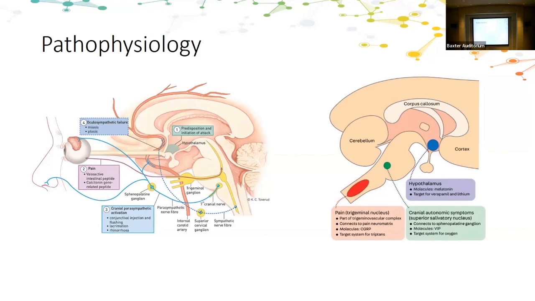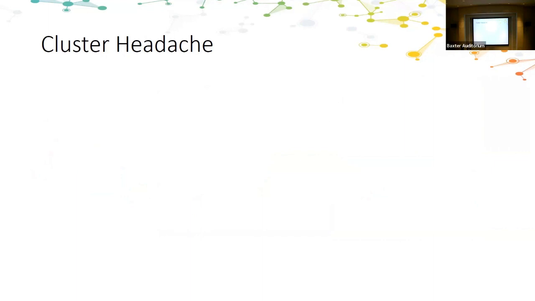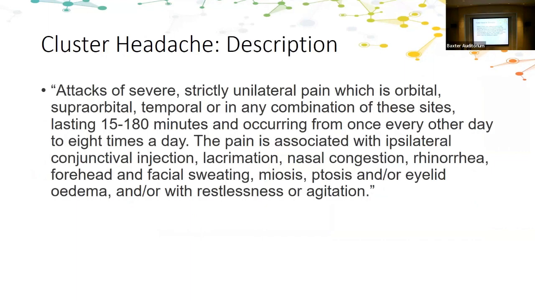So cluster headache, that's the one that I feel like most of us are most familiar with, or at least have read about most commonly. Just a description: it's attacks of severe, strictly unilateral pain, which is orbital, supraorbital, temporal, or any combination of those sites, and it lasts between 15 and 180 minutes.